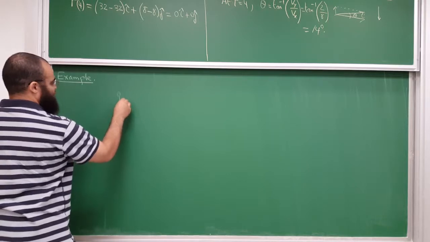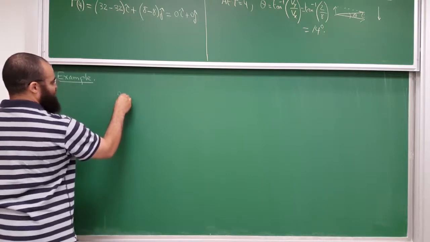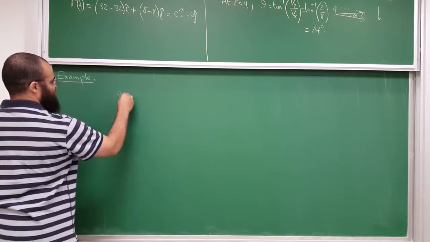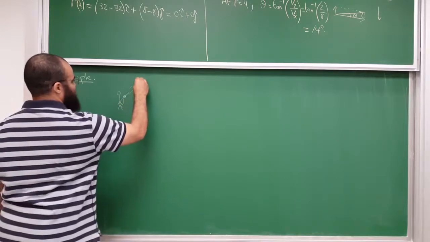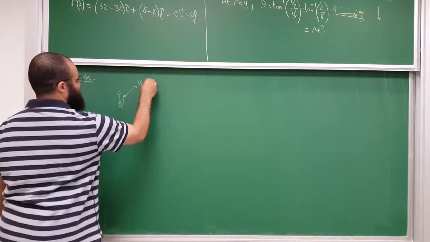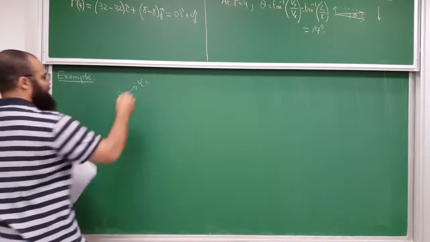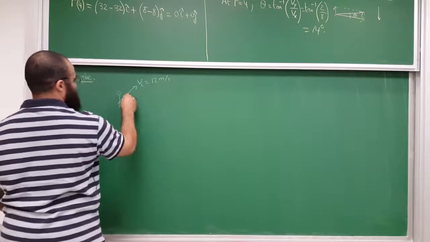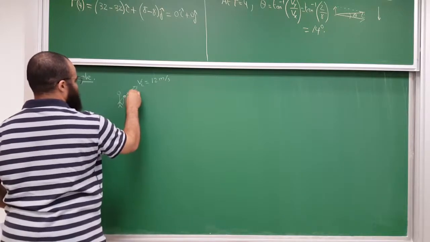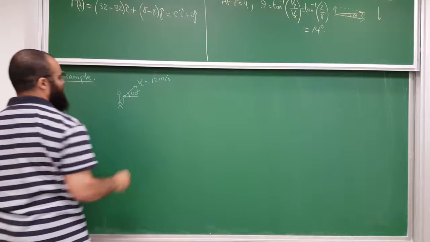She's here, and she throws it, so here's her hand, and throws that thing in this direction. Let me call this v initial, that's the magnitude of velocity. They said it's 12 meters per second, and they're telling us that she throws it at 40 degrees above the horizontal.